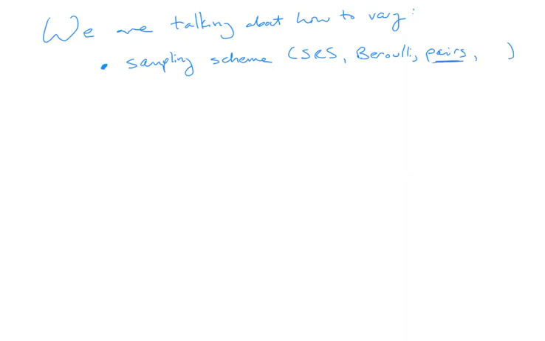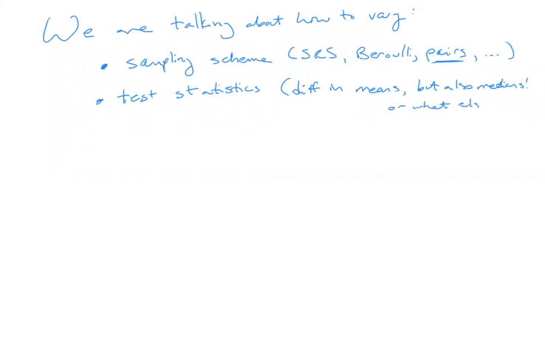You haven't seen that yet, okay? But we could also vary the test statistic. I just said that the test statistic is flexible. So we're going to talk about how to vary it. You just saw the difference in means. But we could also deal with medians. And we're also going to be introduced very soon to some other test statistics that can be helpful in certain cases.